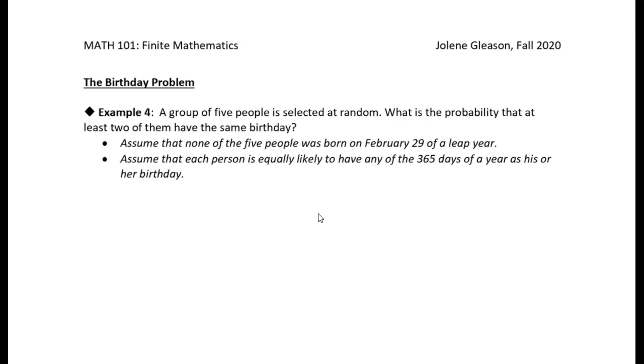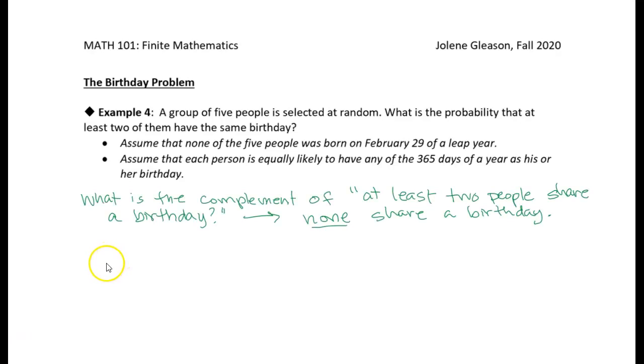Essentially, at least one pair of people sharing a birthday is the opposite of none of the people sharing a birthday. So we're going to figure out the probability of the complement, the probability that none of them have the same birthday, instead of what we want to count directly, and then use complementary counting.